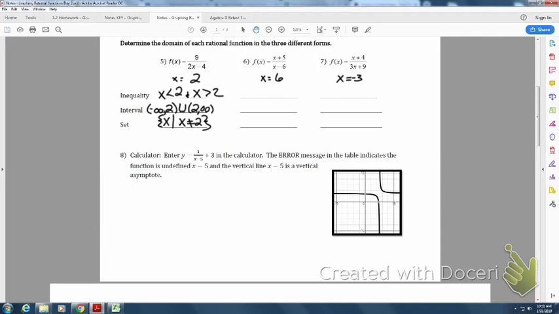Everything else is going to be the same. There's number 6. And there's number 7.